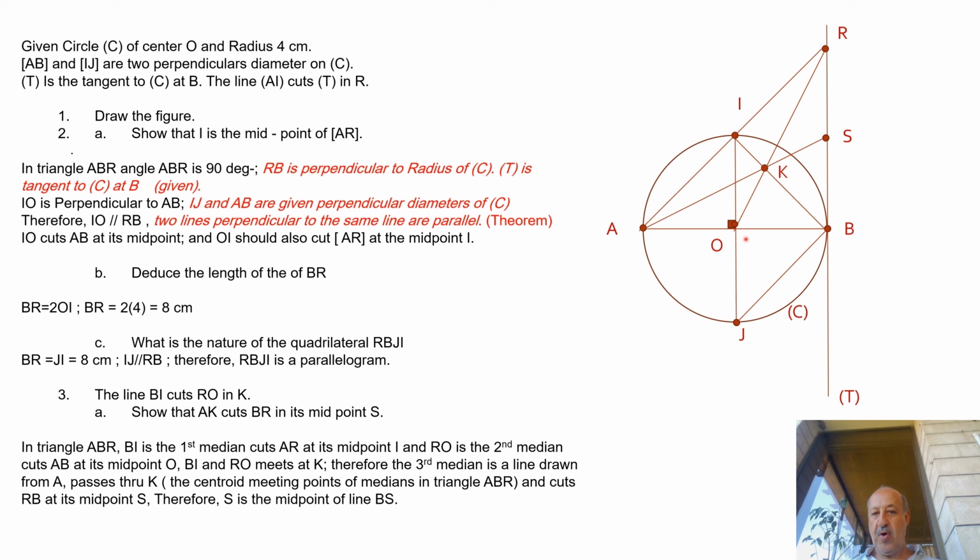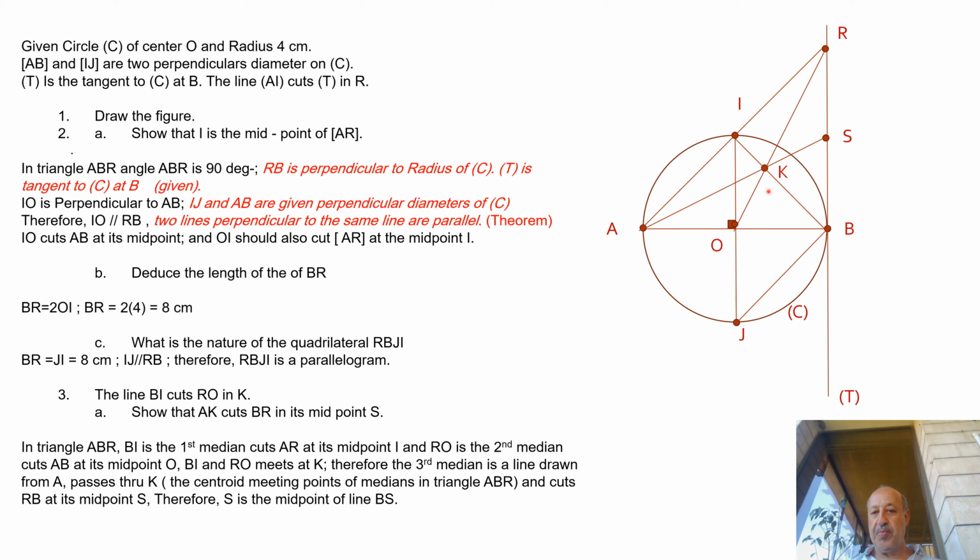And RO is another median in triangle ABR, because RO cuts AB at its midpoint O. Therefore the third median AS must cut BR at its midpoint, and K lies on this line.